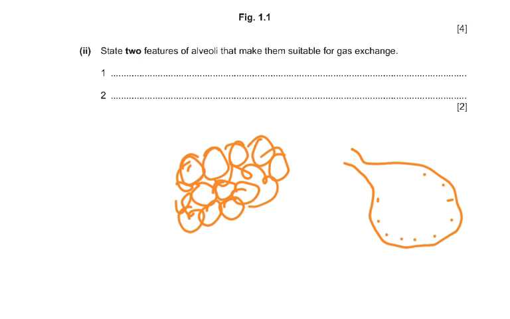And the other thing is that it is very close to the capillaries. The capillaries are very close by. So basically, oxygen has to diffuse from the alveoli into the blood and then combine with hemoglobin inside the red blood cell to form oxyhemoglobin.